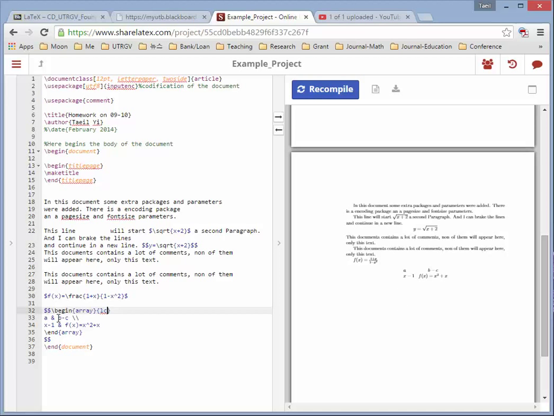So because of this, you can put something like f of x equals x squared minus 1, which is the same as x minus 1 times x plus 1, right?